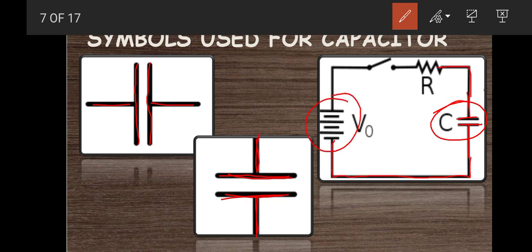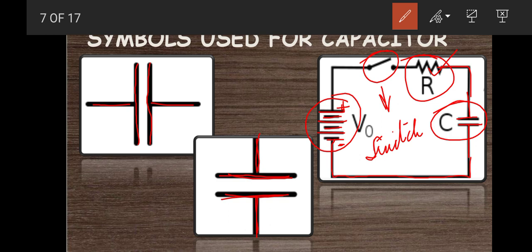This is a battery. Now it has more than two lines, positive, negative, positive, negative, positive and negative. It shows a battery with high voltage. This is a symbol for resistance, and this is a symbol for a switch. It is very important and it is compulsory in every circuit.